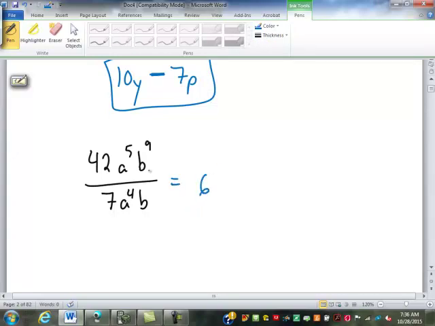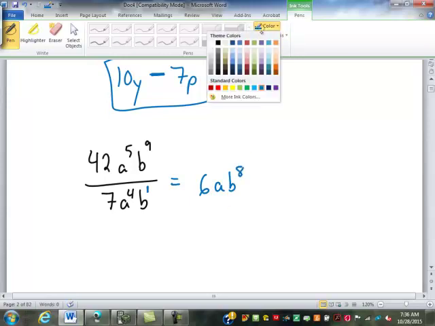And then I combine the names. A to the 5th divided by a to the 4th. What do we do with the powers when we divide? Subtract. What's 5 minus 4? 1. So a to the 1, or just a. And then b to the, we think of this as b to the 1, so 9 minus 1 is 8. So b to the 8th.